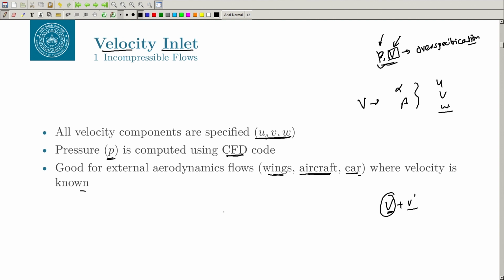That is one way to simulate flow over a car. Otherwise, if your car is moving, it may go out of the domain. Even if you use a periodic domain, you have to take care of the moving mesh and so on. But instead of moving the car, you can just move the air. The same is the case with an aircraft or a wing.